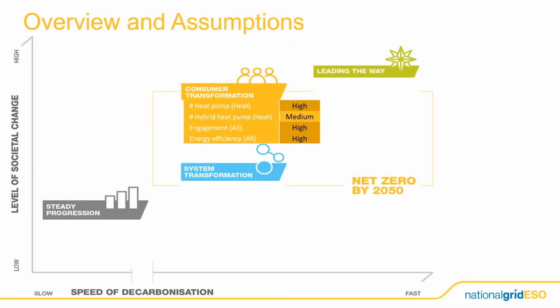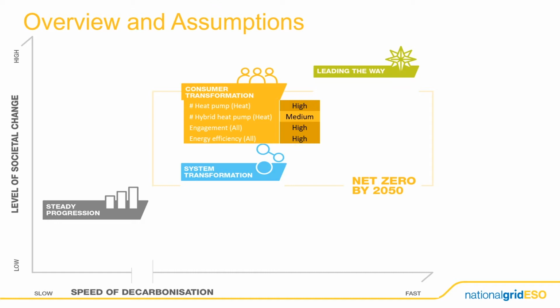Here we highlight four key assumptions that impact both heat and non-heat demand, and what levels have been set in each scenario and why. Starting with the consumer transformation scenario, in this scenario, levels of home thermal efficiency are set high because of increased home insulation due to high willingness of society to change. This translates to lower underlying demand.